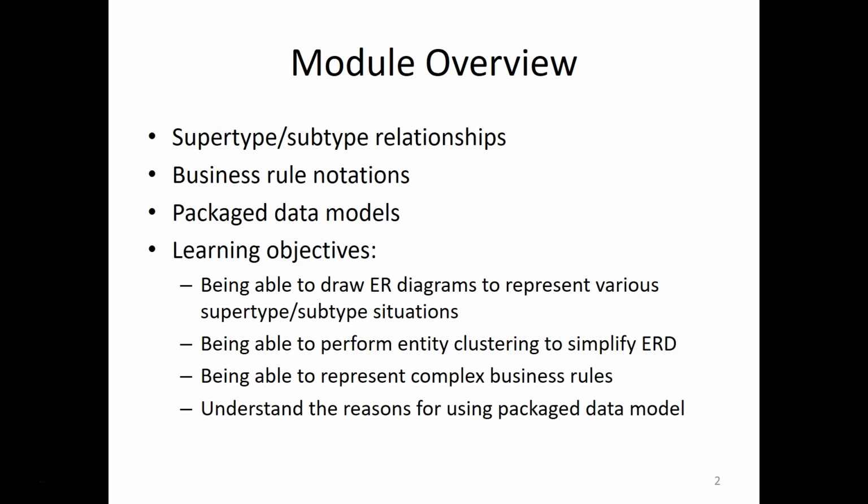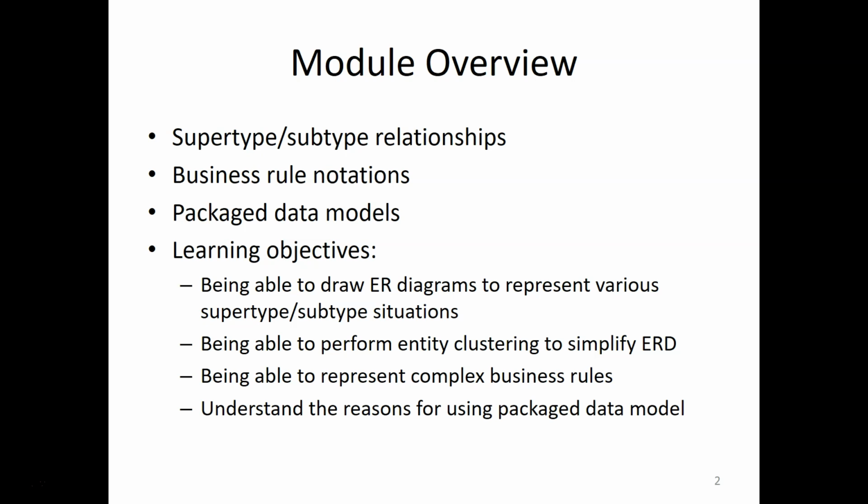The project would begin by identifying the parts of the packaged data model that apply to your specific project's data modeling situation, rather than beginning to draw model elements from scratch. And data in the packaged data model would be mapped to data in the current organization's database, with the intent of developing migration plans for converting organizational data.